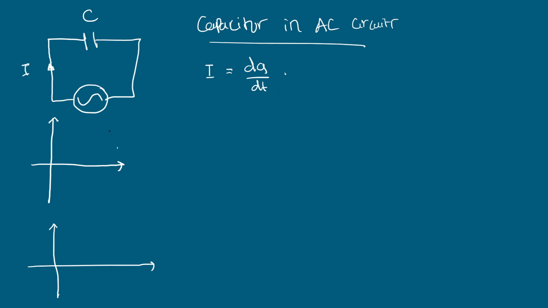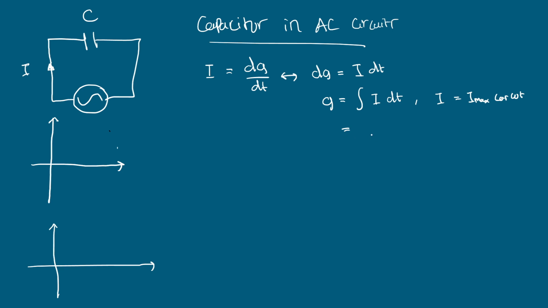Using the integral concept, dq will be equal to I dt. Then q is equal to the integral of I dt, and from our first equation, I is equal to I max cosine omega t.